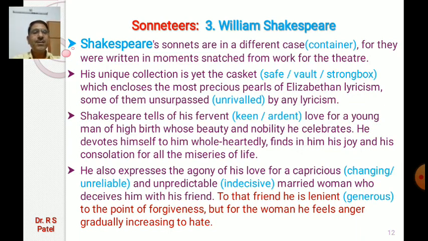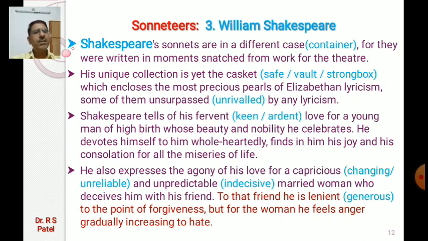Now, this is a great thing on the part of Shakespeare that he is ready to forgive his friend, the friend with whom the lady maintains a relationship and deceives William Shakespeare. But William Shakespeare is lenient.